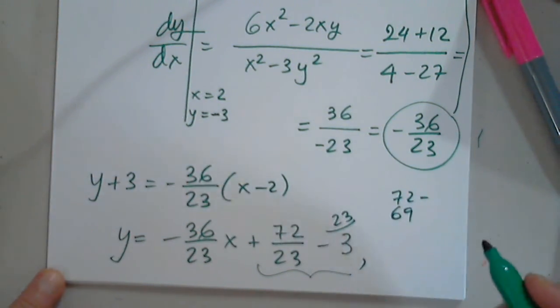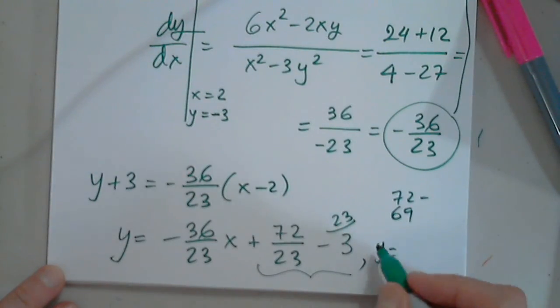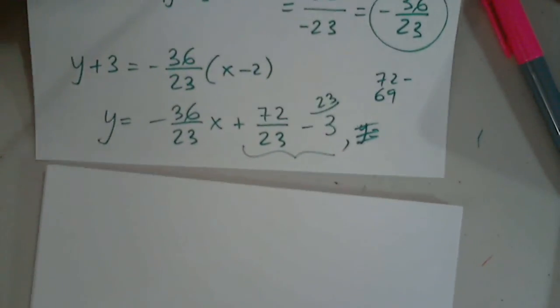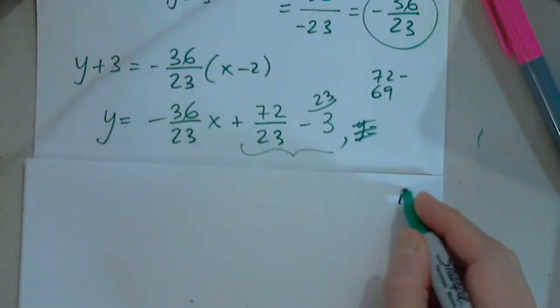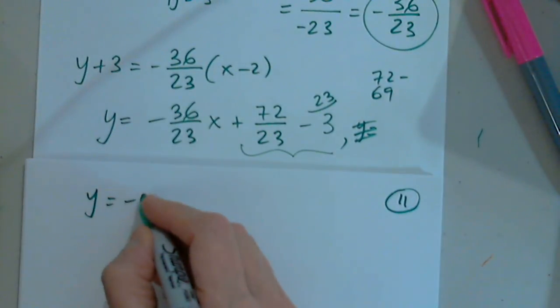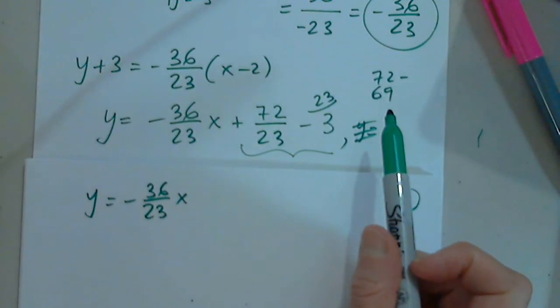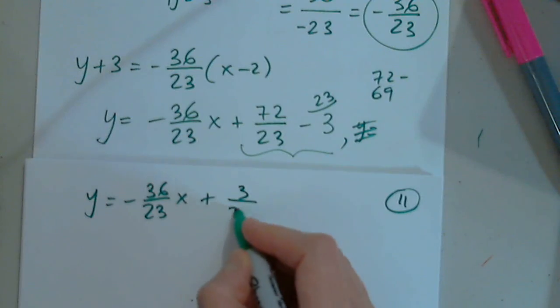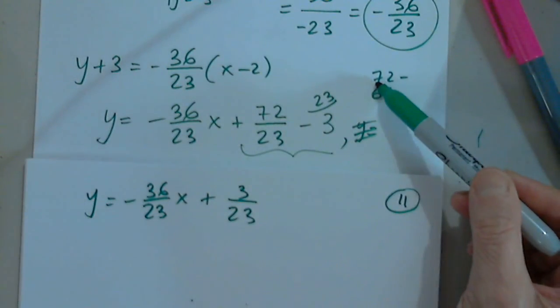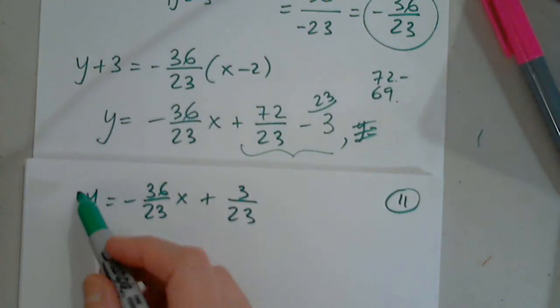Yes. So y equals, I'm not going to write it here. There's no room. So then I have y equals negative 36 over 23 x, and then plus 3 over 23. 72 minus 69. Yep.